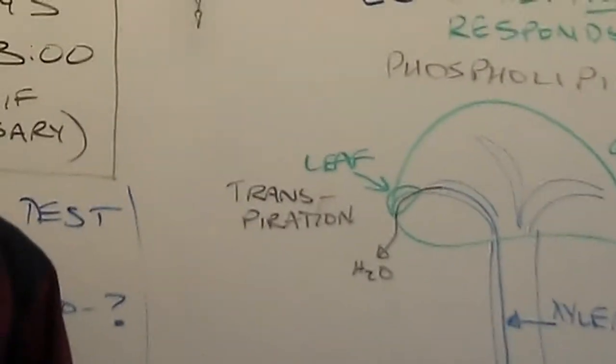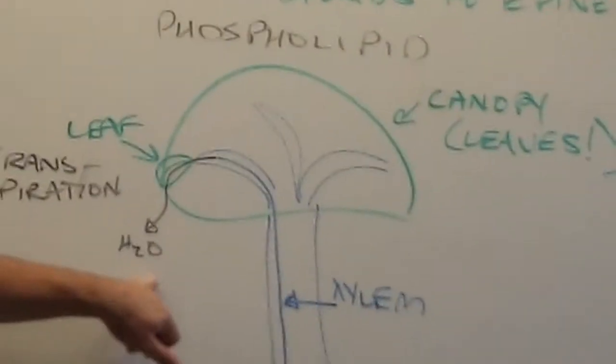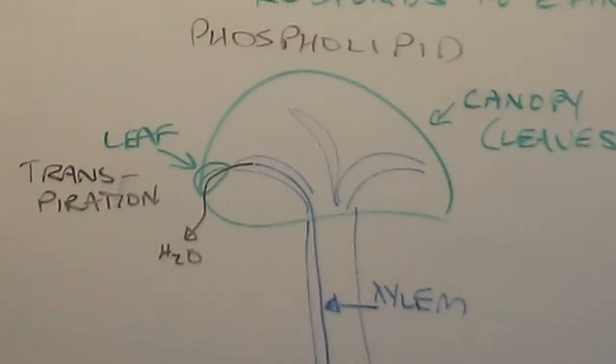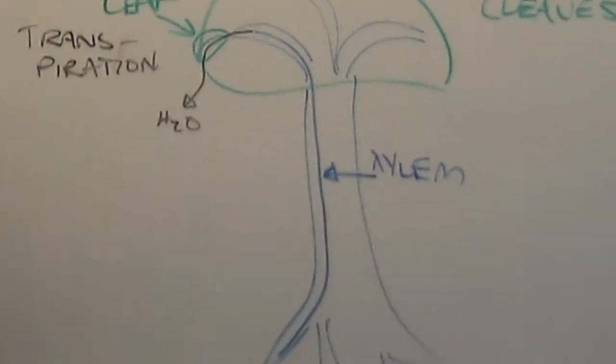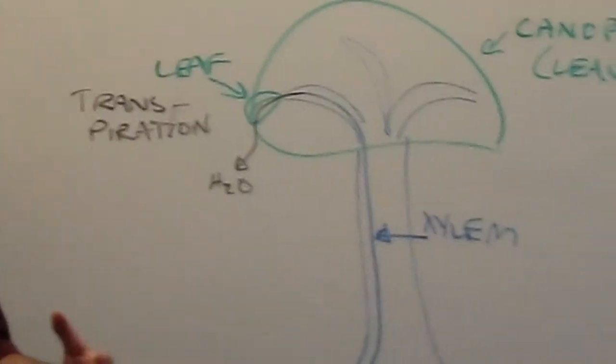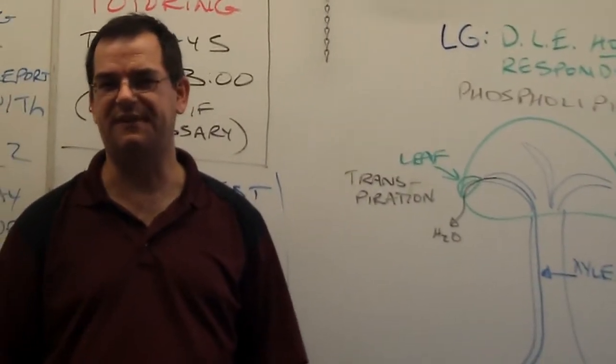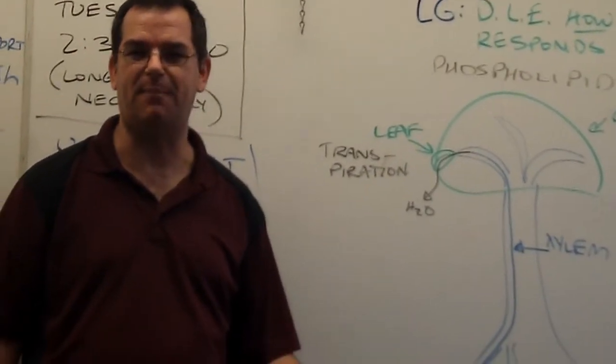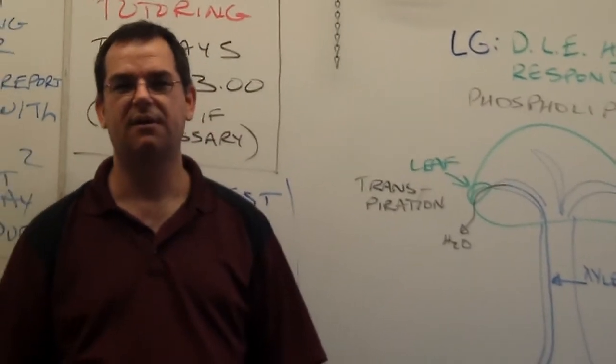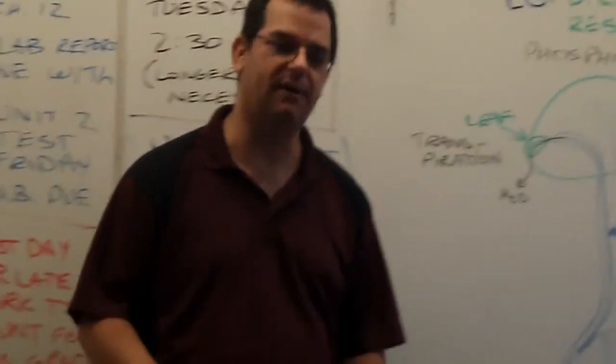Hey, so, shh, shh. Let's think this through. Water from the xylem is escaping into the air. Does that mean the xylem is going to be just as full as before, more full, or less full? Less full. If it's less full, what does that mean about the pressure? It goes down.